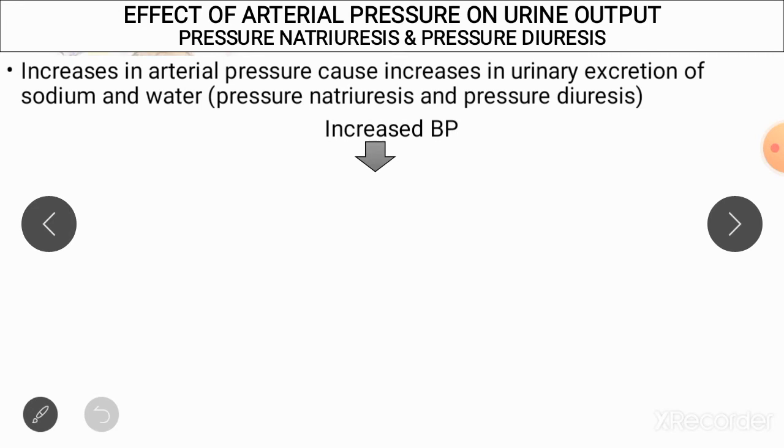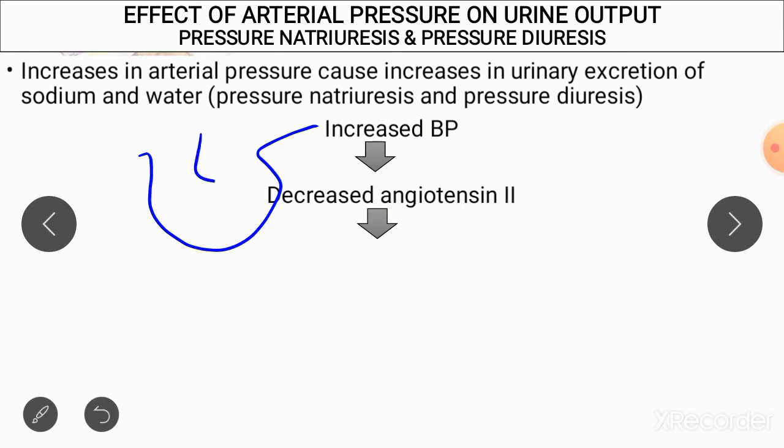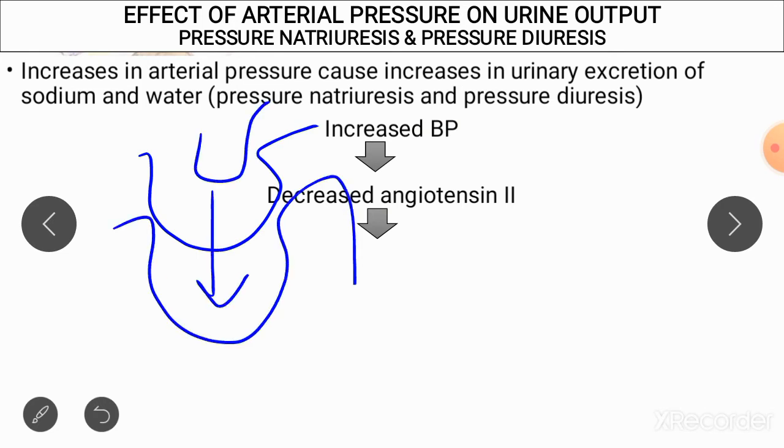Whenever there is increased blood pressure, there is going to be decreased angiotensin 2 formation. I do not need to go into the details of this step because we have already discussed it in previous lectures. You already know when there is increased blood pressure, there is going to be increased filtration, and there are going to be higher than normal concentrations of sodium in this filtrate.